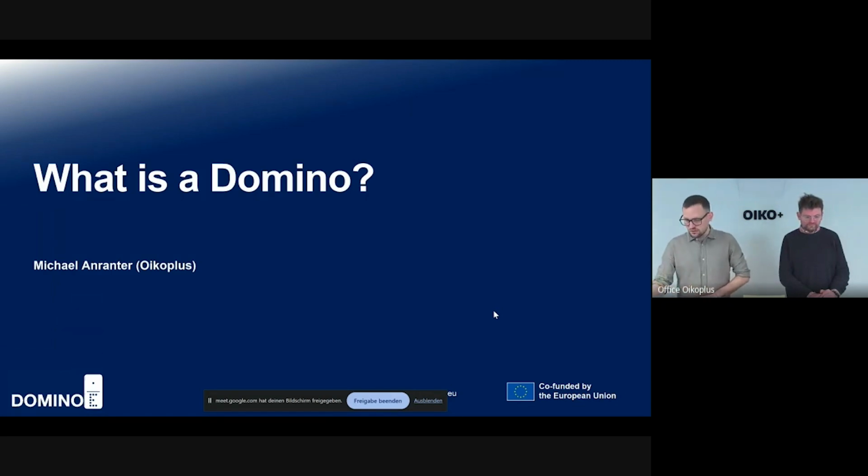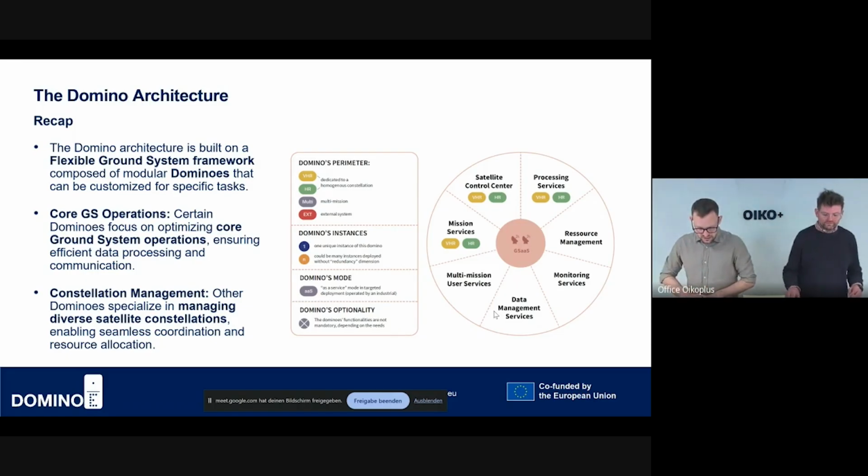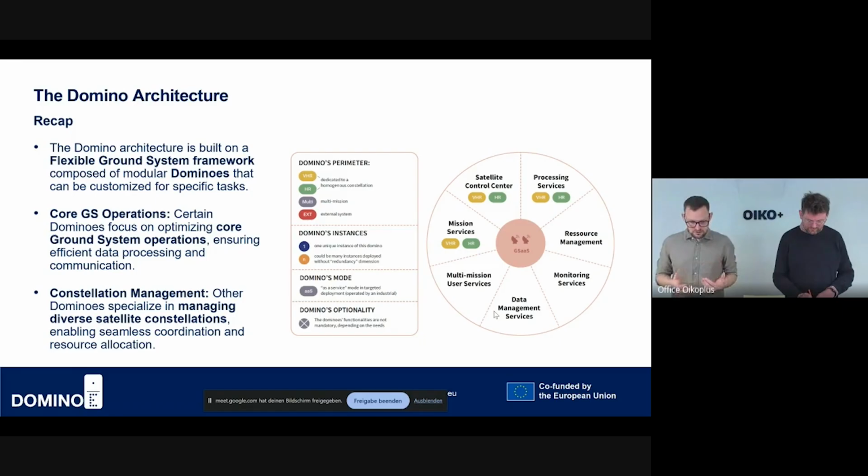Domino is a modular and flexible ground system architecture that is made up of individual building blocks, and each of these building blocks is called a domino. Each of these dominoes can be customized for very specific functions and tasks. These tasks range from image quality and image processing, to satellite tasking, communication, system orchestration, and also security issues and measures.